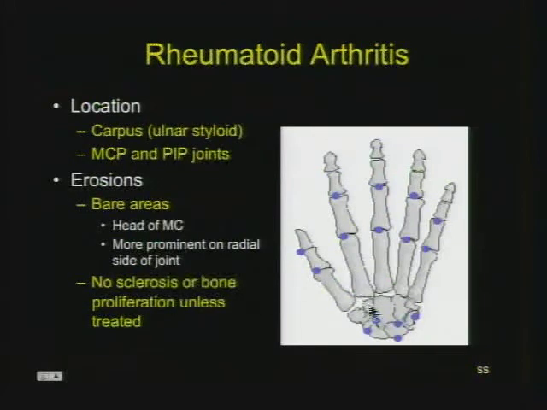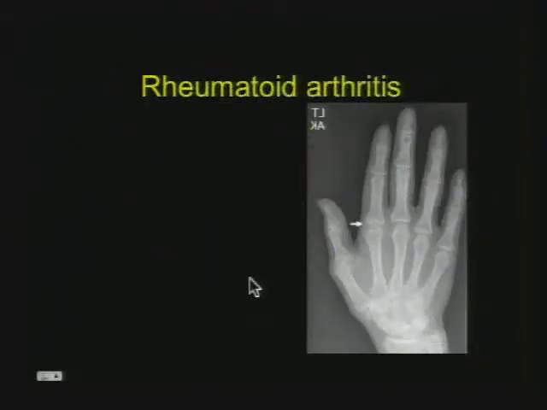And here's a diagram showing us wrist, MCPs, and PIPs in particular, with intercarpal joints involved as well. And think about the ulnar styloid. Look for swelling, look for erosions. And we don't usually have much sclerosis or bone proliferation unless you're treating rheumatoid. So here is our rheumatoid patient again.